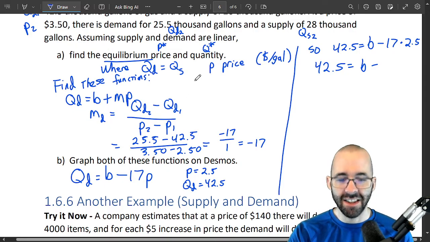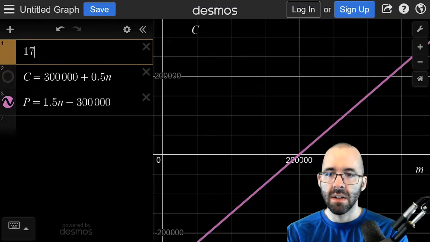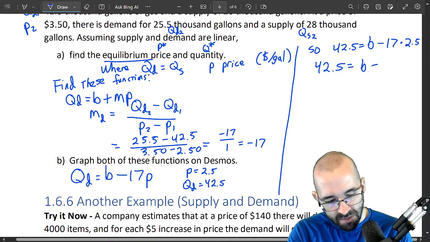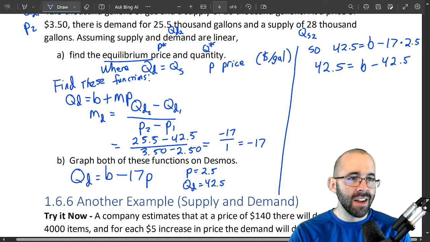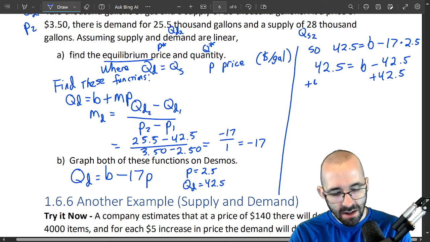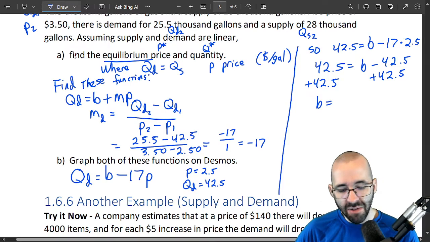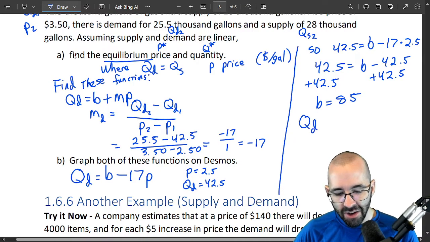I'm just going to use a calculator. 17 times 2.5, we're subtracting 42.5. Oh, what a coincidence. Now let's add 42.5 to both sides. You're going to get that our B value is 42.5 plus 42.5, which is going to be 85. So we finally have our demand.